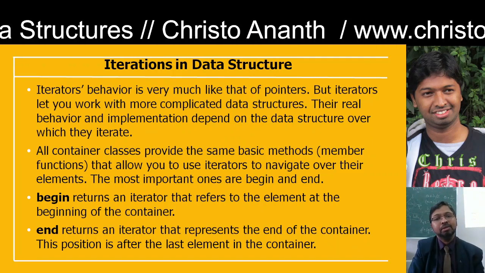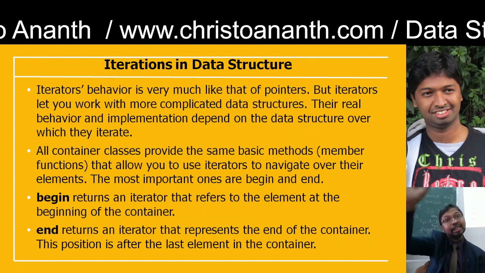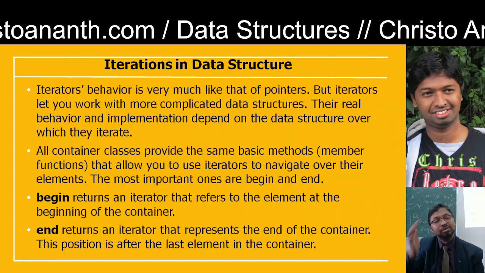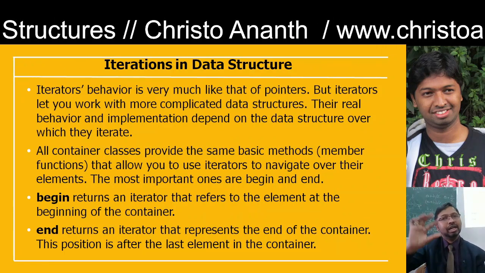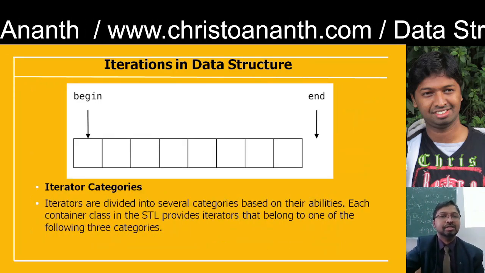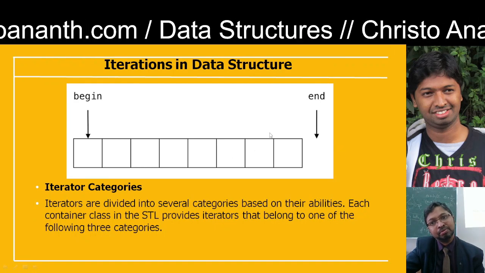Begin returns the iterator that refers to the element at the beginning of the container, and end is the end of the container, positioned after the last element. So beginning means the beginning element, and end means the position past the last element.